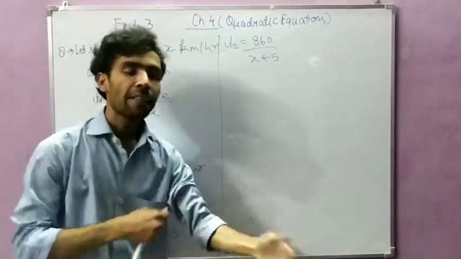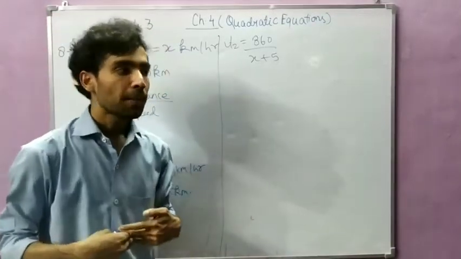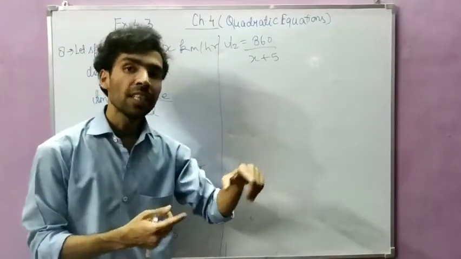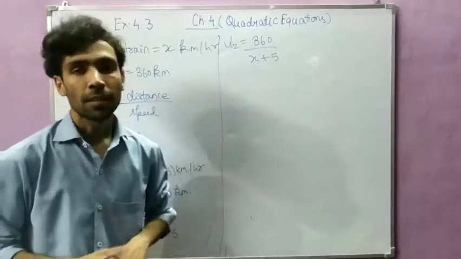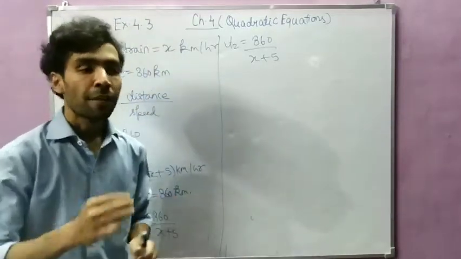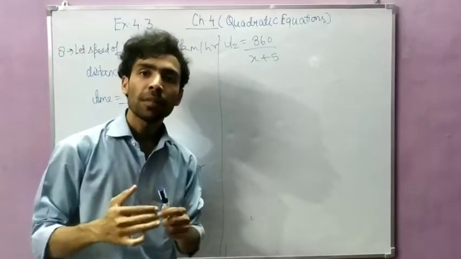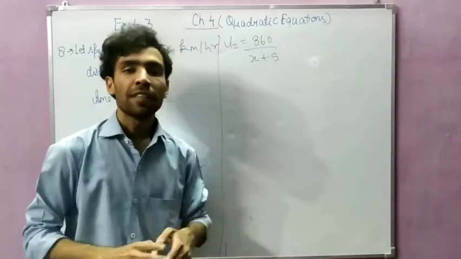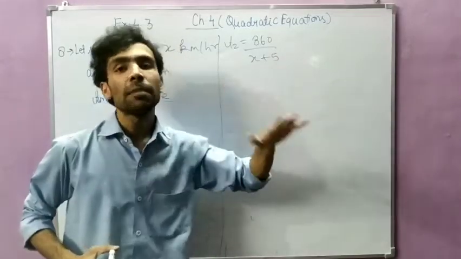Suppose I have increased my speed by 10 km per hour more. So earlier my speed was 50, now my speed will be 60. Because I have to cover the same distance, it means that when the speed of the train increases, the time it will take is less. Means whenever speed increased, time decreased.